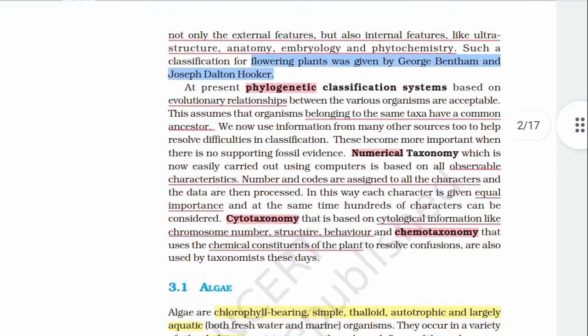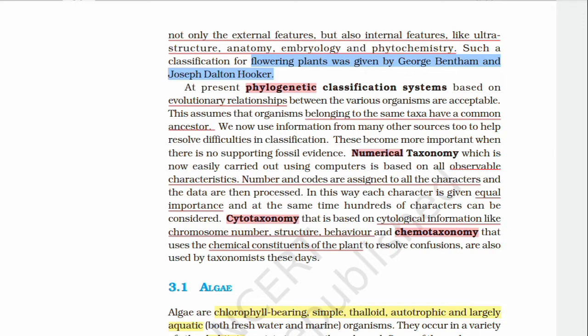And at present we have the third kind of classification, that is the phylogenetic classification system, and it was given by Engler and Prantl. Just make a note, it was given by Engler and Prantl. So it was based on evolutionary relationship. It states that organisms belonging to the same taxa have a common ancestor.